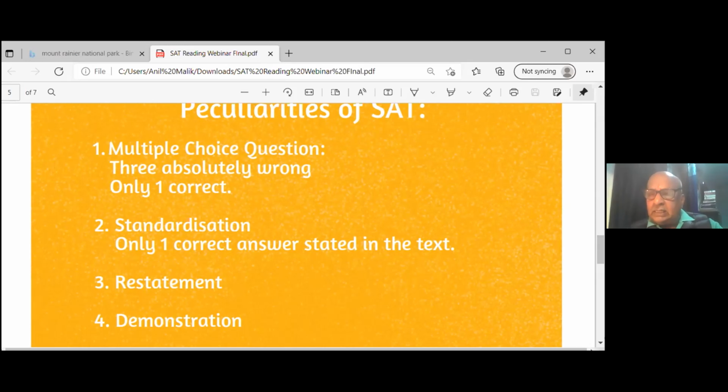But the meaning is verbatim the sentence which is there in the text. This much is something that everybody taking the SAT needs to understand, right? That there is only one right answer, and that answer is stated in the text without doubt.